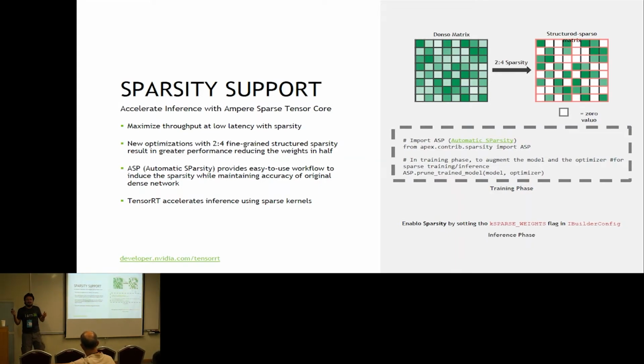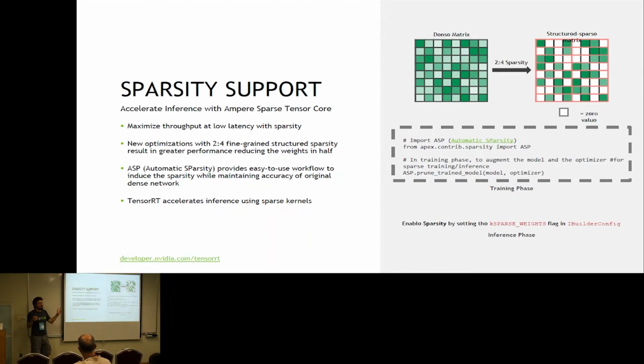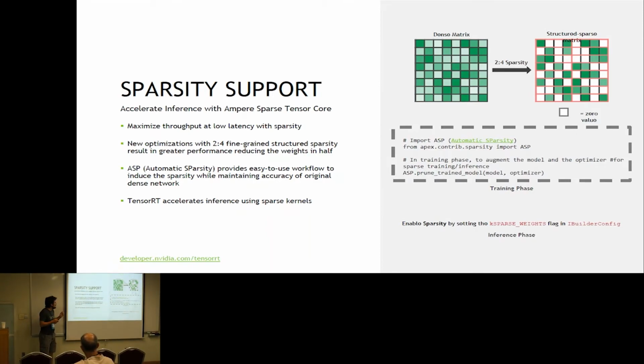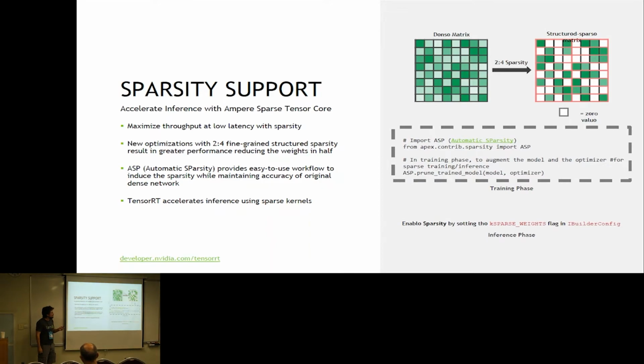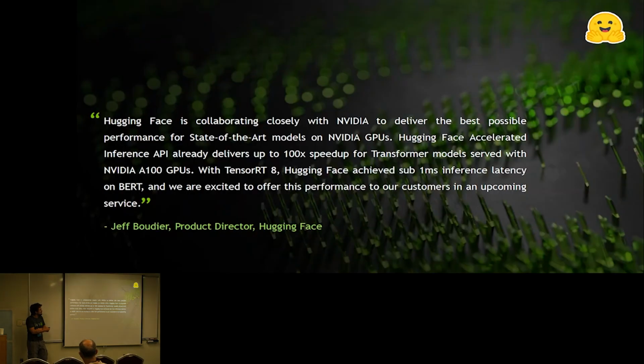There is one more thing in TensorRT. It's a little bit experimental. It's sparsity support. It's another way of pruning your neural network. TensorRT supports sparsity, where 2 of each 4 weights in a row is 0, and you have to use a special library called Apex to achieve that. Feel free to experiment with that if it may help you.